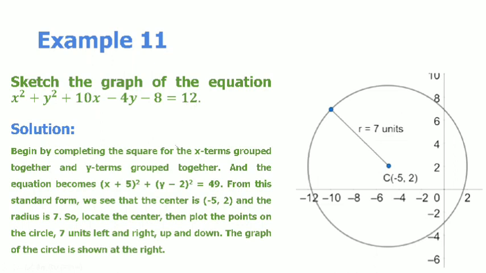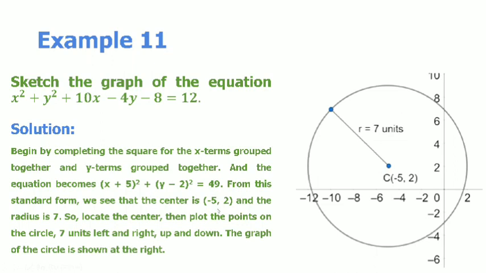So in here, we have to rewrite the general form into standard form. So the standard form becomes the quantity x plus 5 squared plus the quantity y minus 2 squared equals 49. And the center is at negative 5, 2.